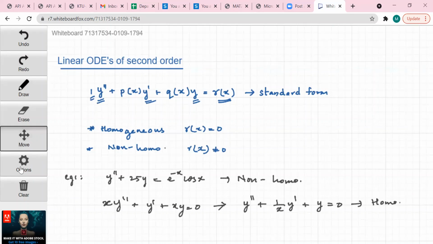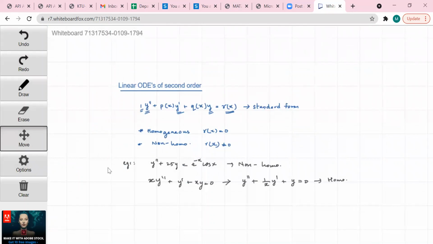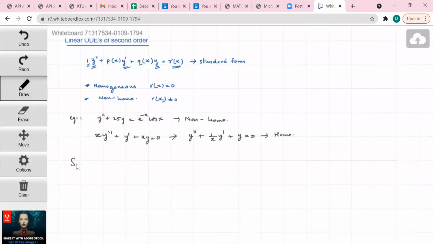Now let's move to the superposition principle.